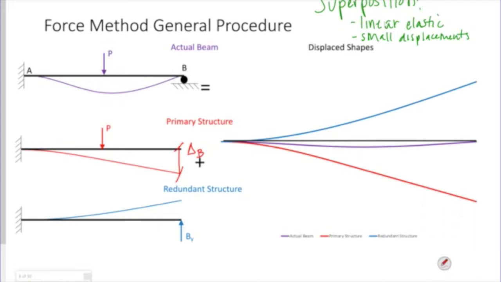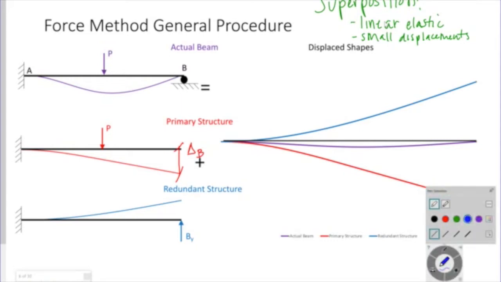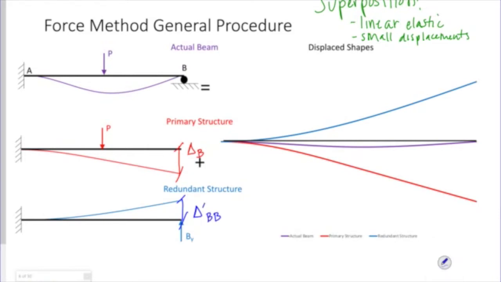And I have my redundant structure where I apply that redundant force to basically counteract, right? You might see where this is going. And I'm going to get delta prime BB.